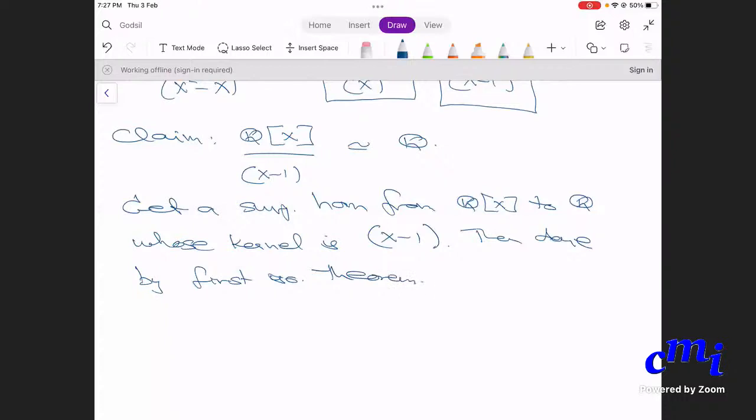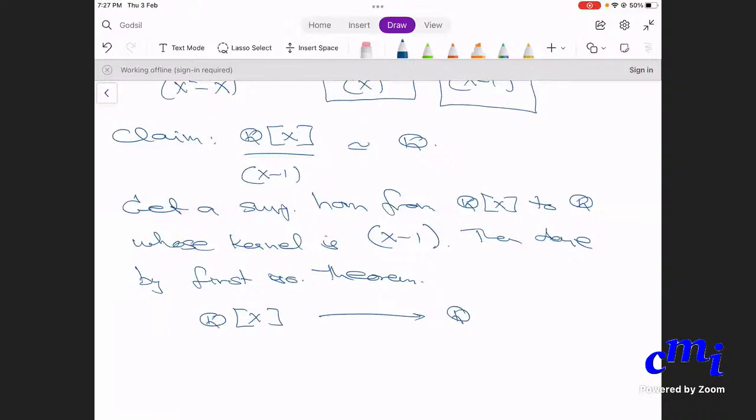So how do we get a surjective homomorphism from Q[x] to Q? I have Q[x], I have Q, and I want this homomorphism. I want to take every element of Q[x] to some element of Q, and I want it to be surjective. There are many such natural homomorphisms.